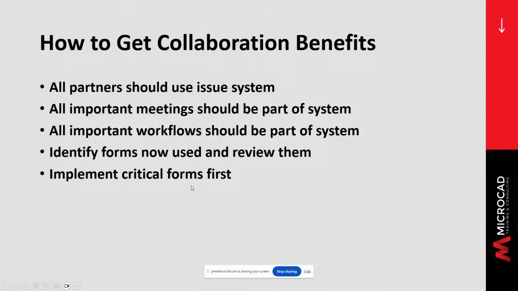All right, so what we've seen is that collaboration is that key part of the project management role. And all of these tools, whether we're talking about markups or issues or RFIs or change orders, whether it's correspondence or meeting, all of these contain information that's important for this collaboration to occur. And they're all built into this one platform.